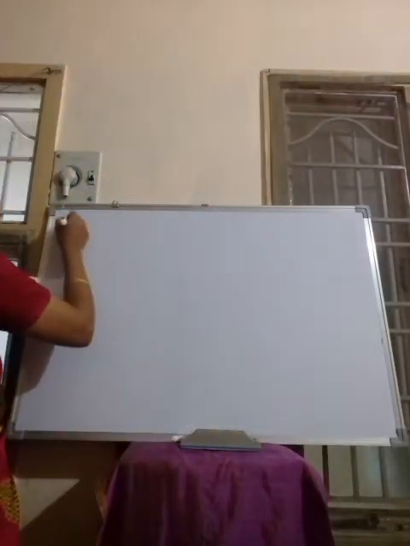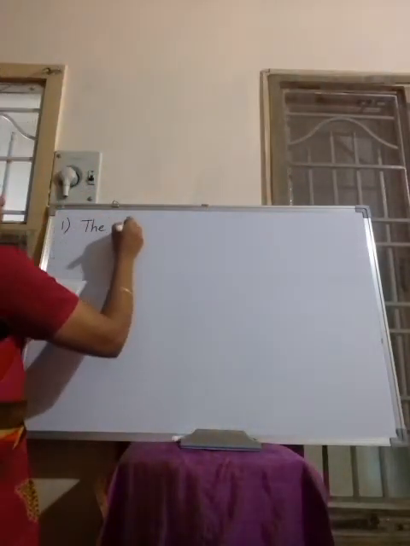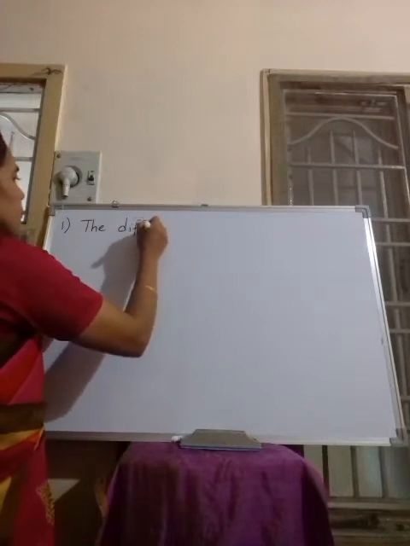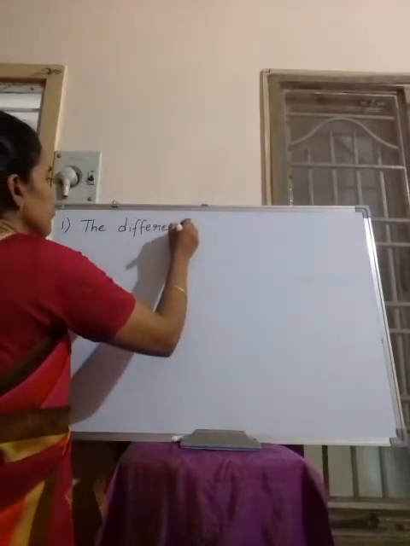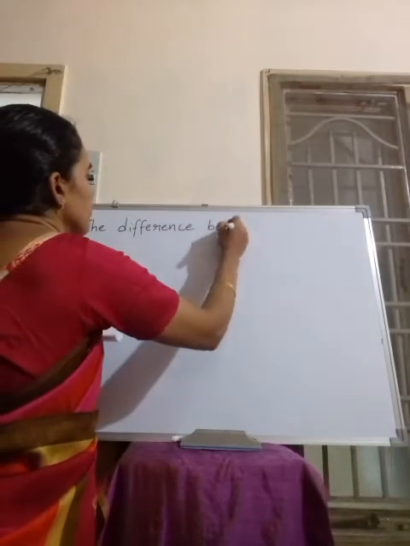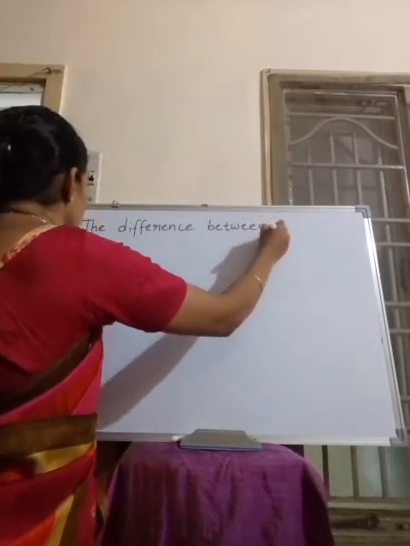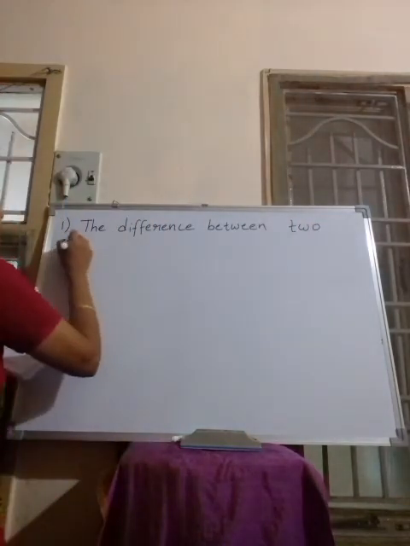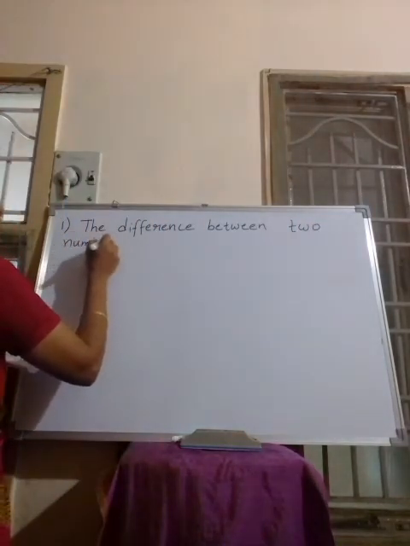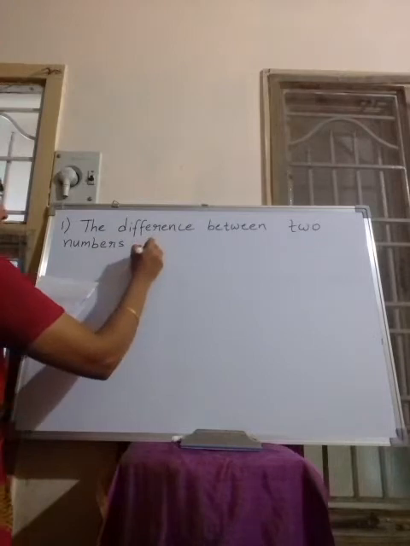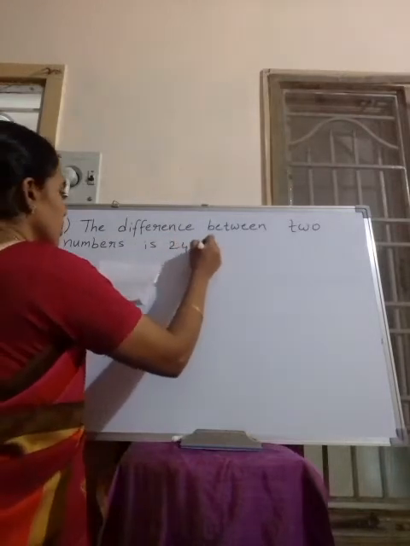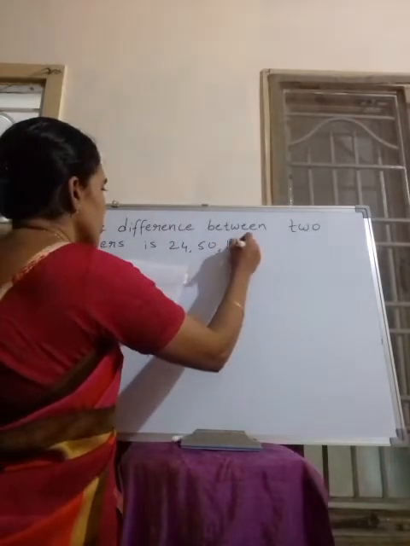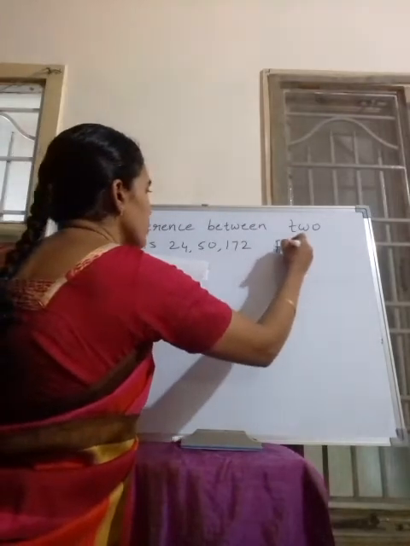The first problem: the difference between two numbers is 24,50,172.